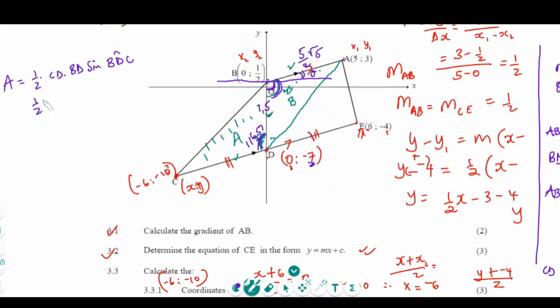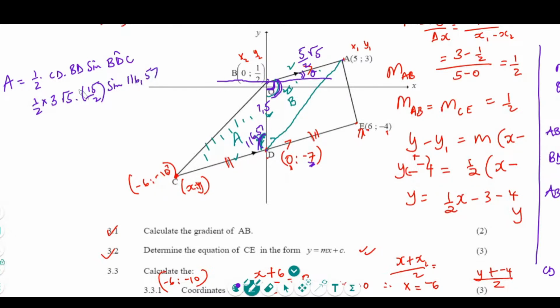So that's a half. We said CD was 3√5, times our BD, which we got as 7,5 or 15/2. We multiply it by the sine of 116,57.